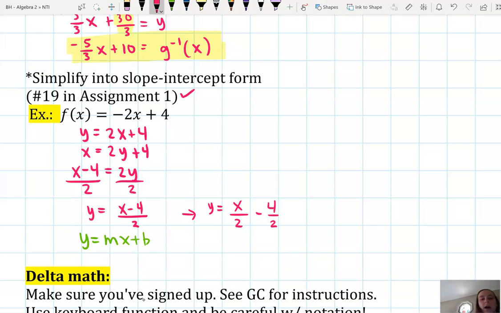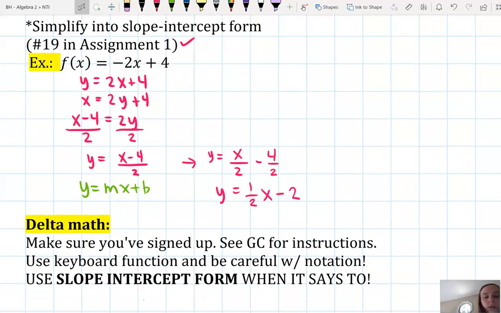Okay, so now I have y equals 1/2 x, or x divided by 2, and then -4 over 2 is -2. And then you just need to replace that with the inverse of f, and you're good to go. Also, please do not use decimals here. Use fractions, simplified fractions, please.